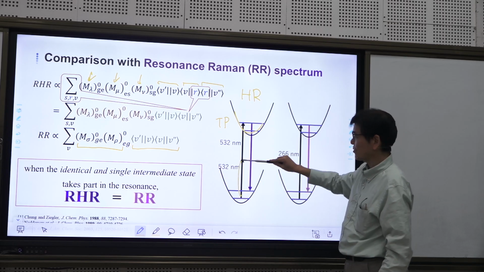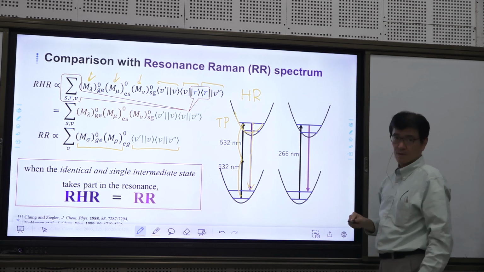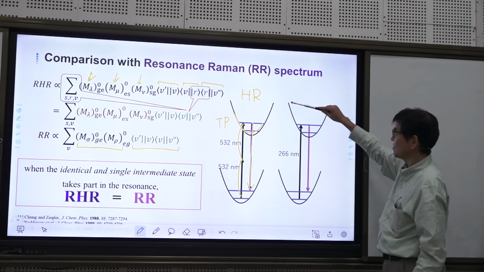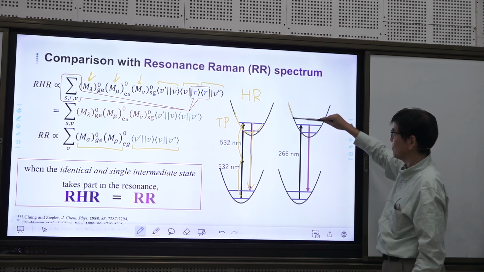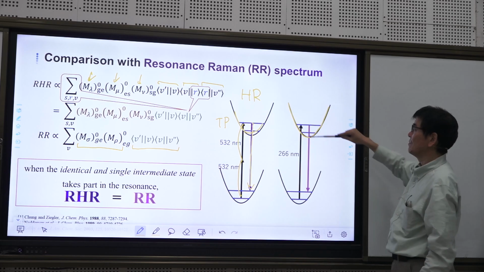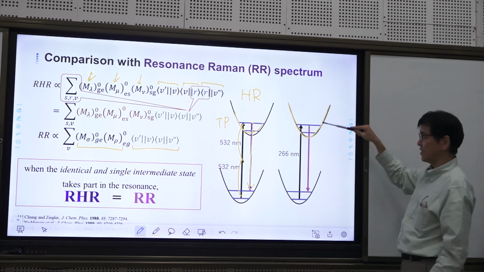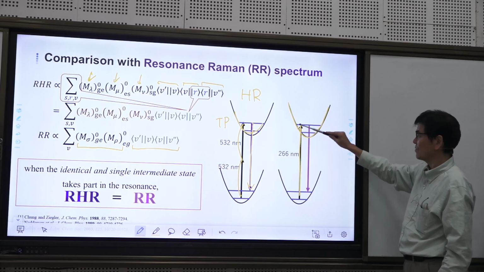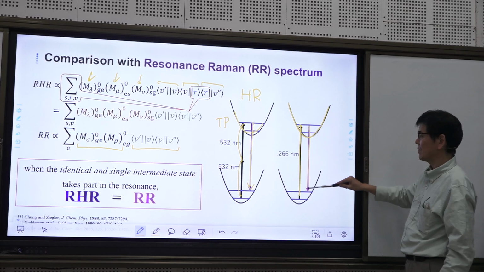So the 2-photon resonance hyper-Raman signal occurred. Also, as usual, there is a 1-photon allowed electronic level here. So 1-photon excitation and resonance Raman appear.